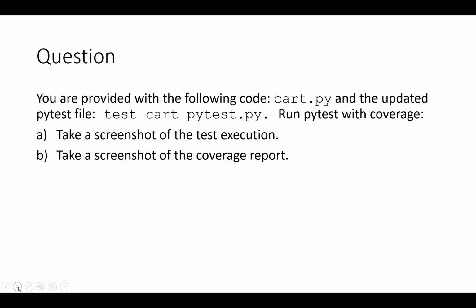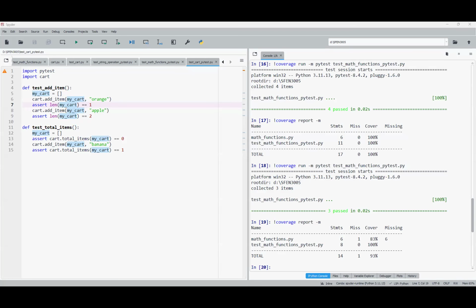And then let's do the cat.py, right? So let's run coverage on cat.py. So go back to Spyder, right? So we're going to run coverage run -m pytest test_cat.